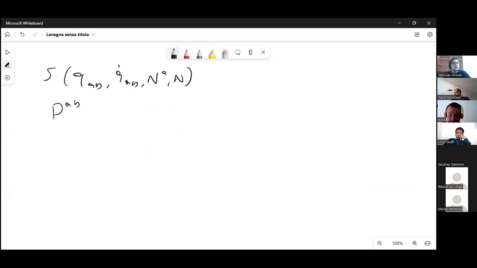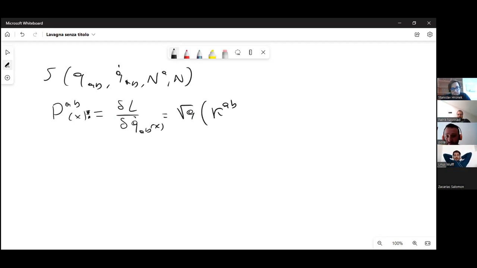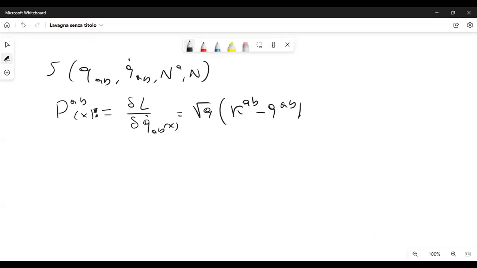And again, as we do in classical mechanics, analytical mechanics, this P is by definition the momentum associated to the metric tensor. So it will be given by this, as you know. And this is just the square root of q and qab minus qabk. Okay. And now what are the momenta associated to the shift and lapse?